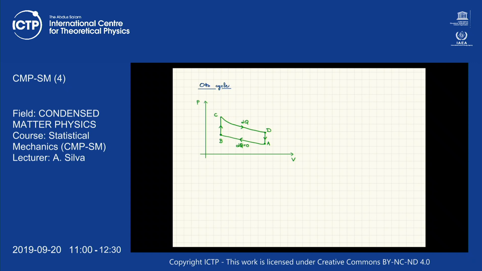Anyway, so that's what it is supposed to describe. At the end of the day, when we compute the efficiency of an Otto cycle, we will write it down in terms of something called the compression ratio, which is the ratio of the maximal volume to the minimal volume that you're achieving in this compression movement.